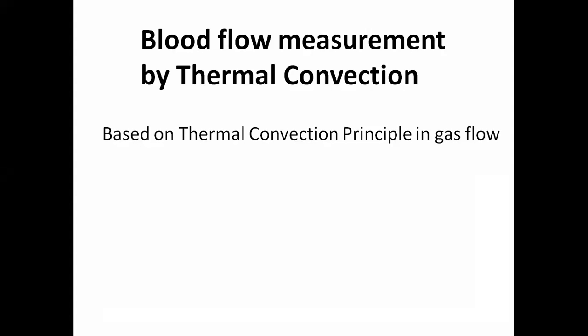If the blood velocity is increased, the amount of flow increases, and due to that, at the measuring point the temperature changes. The change in temperature variation can be identified as the blood flow velocity. So this is one method we can use for measurement of blood flow.